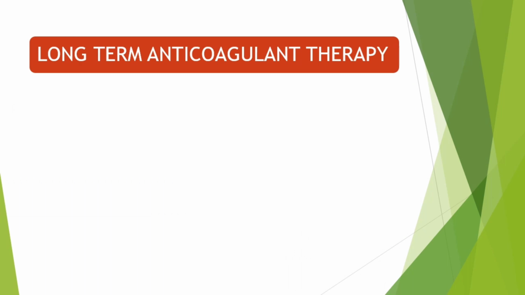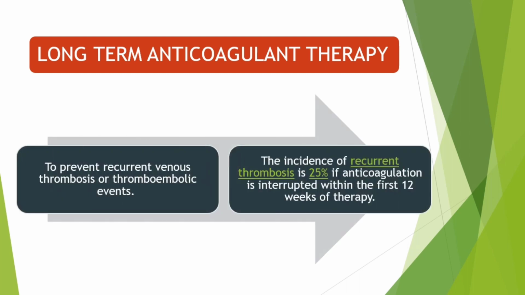Now let's discuss how long-term anticoagulation therapy can be an option for these patients. We know from the literature that the incidence of recurrent thrombosis is 25% if anticoagulation is interrupted within the first 12 weeks of therapy. Now a question arises that if this is the case, then long-term anticoagulation therapy should be suitable for every patient, but that is not the case.